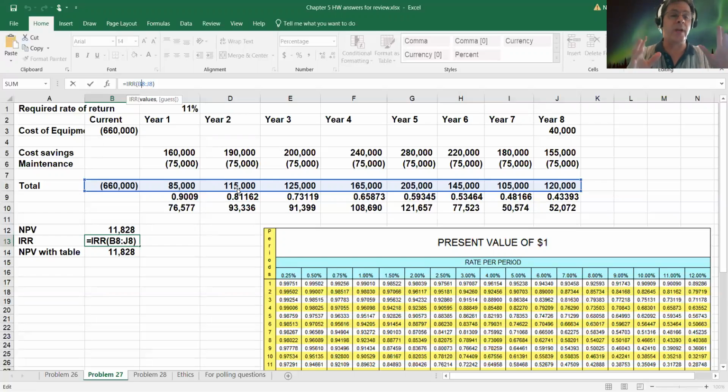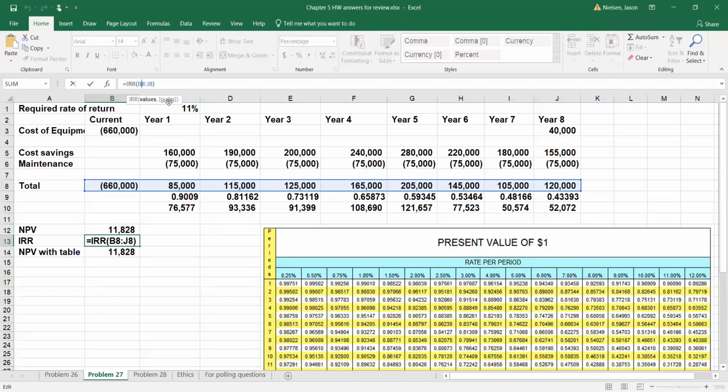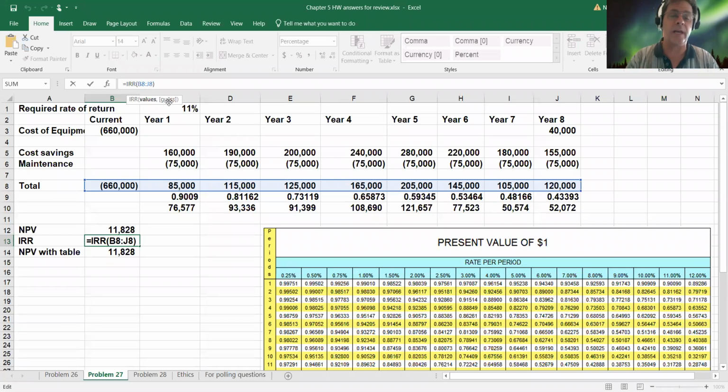But yes, remember, if you look at the IRR formula, it asks for the values and it asks for a guess. And remember when I taught you this formula on Tuesday, I said Excel still has that guess in there. That guess has no bearing, doesn't do anything in the calculation. It's not needed. You don't need to put anything in it. And it doesn't matter if you put the wrong answer or a good answer or any answer in there.